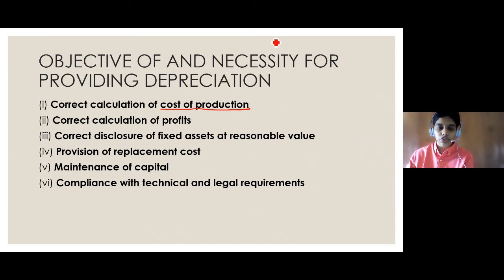So this depreciation is an expense, and hence when you are calculating the cost of production, the amount that you have spent to produce a certain quantity of goods, you need to add this depreciation to that cost. You need to consider this depreciation, and only then you will get the correct cost of production. Or else whatever cost of production you are getting is going to be inaccurate or incorrect.